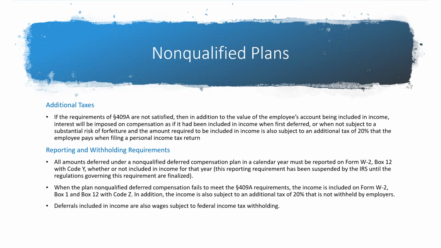When a plan fails to meet the 409A requirements, the income is included in Form W-2, Box 1 and Box 12 with the code Z. In addition, the income is also subject to that additional tax of 20% not withheld by the employer. It's that penalty that comes into play.